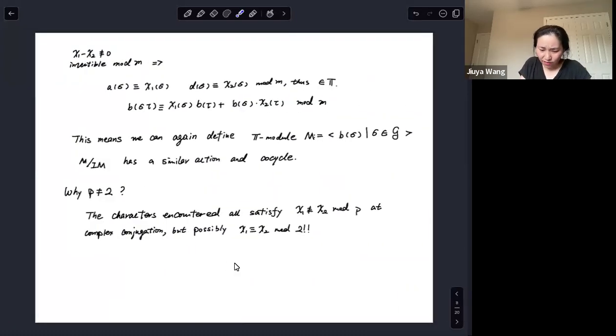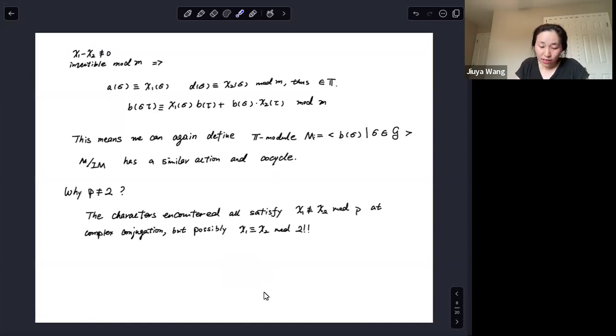Because chi1 and chi2 are not congruent at tau, this linear system is invertible mod M. Therefore, you can solve for A and D and prove that even though we do not have B and C readily in T, you can find a basis where A and D are in T. So the situation is slightly worse, but not too bad.